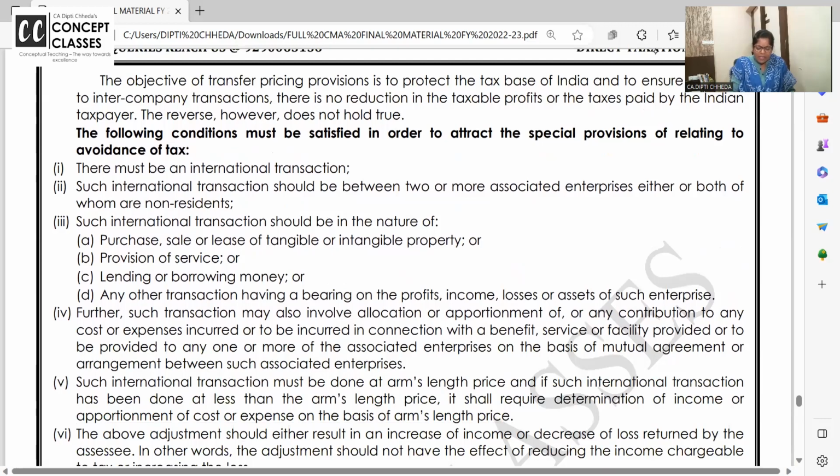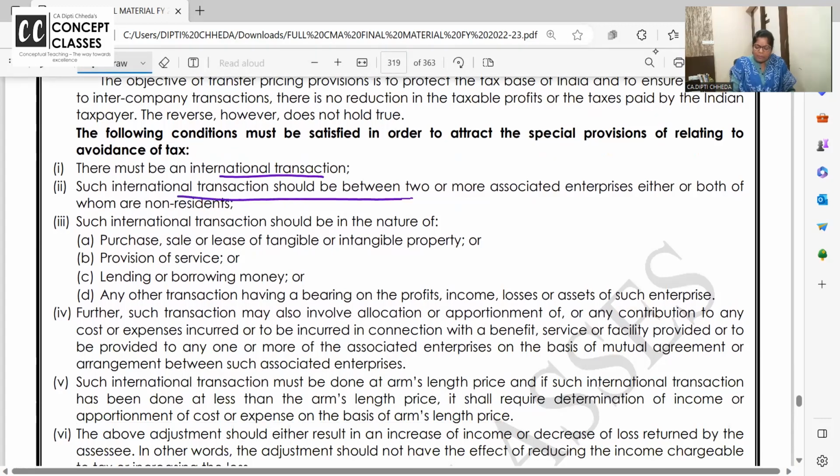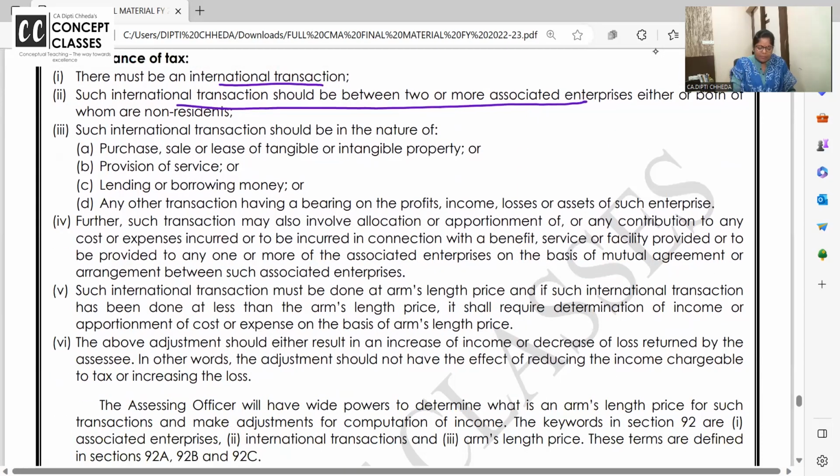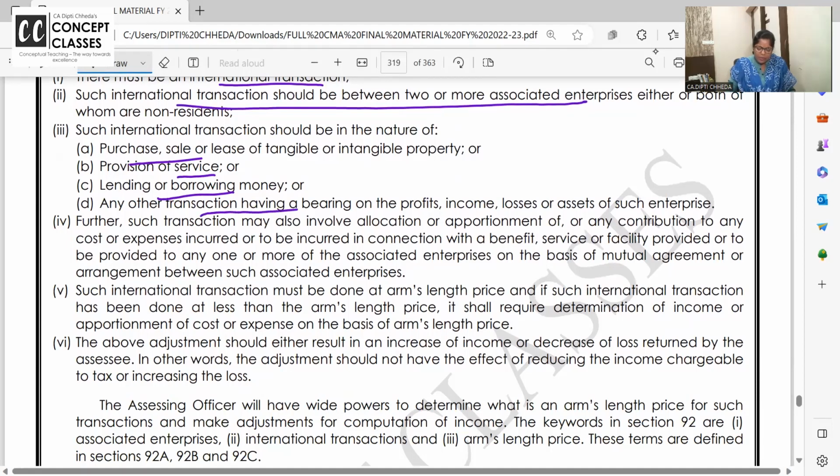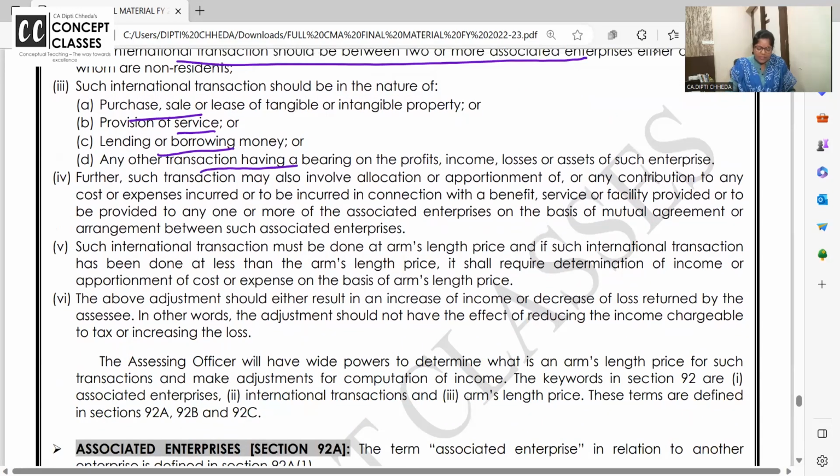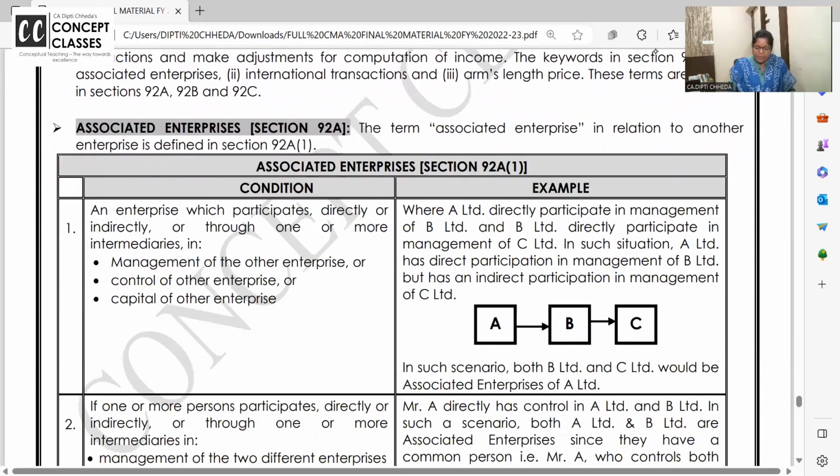See, there should be an international transaction. It should be between two associate enterprises, and it could be any transaction: purchase, sale, service, lending, borrowing, anything. And these transactions should be at arm's length.